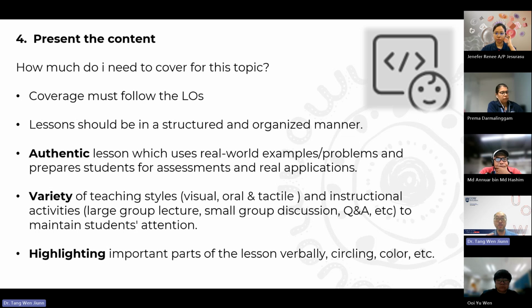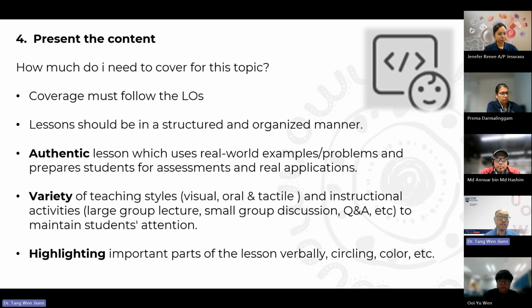Use something that the students are familiar with. Unless it is an Australian-based or UK-based program, then no choice, we have to use their examples. But if it is a local, homegrown program, try our very best to use local content, so that they can connect what you teach with what they know beforehand.